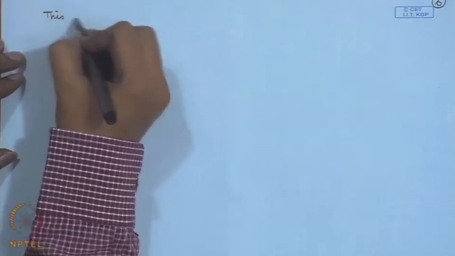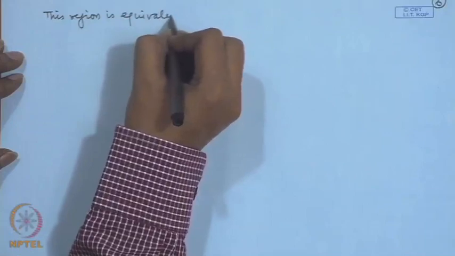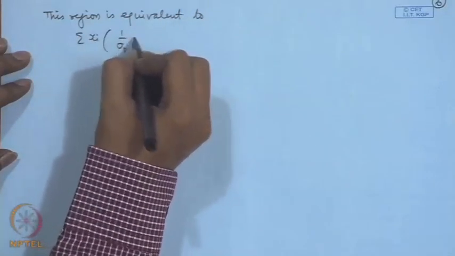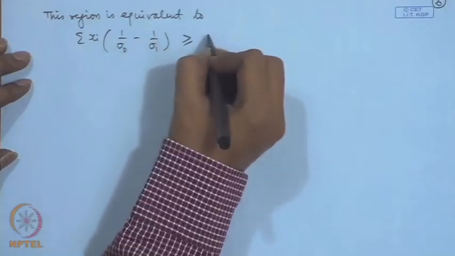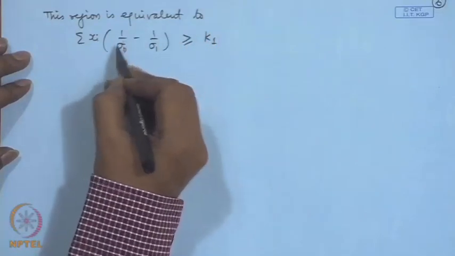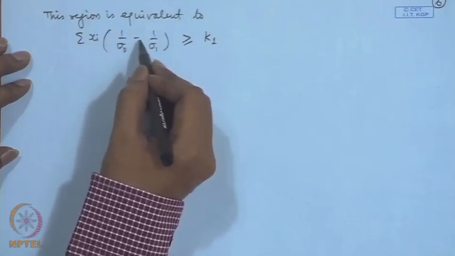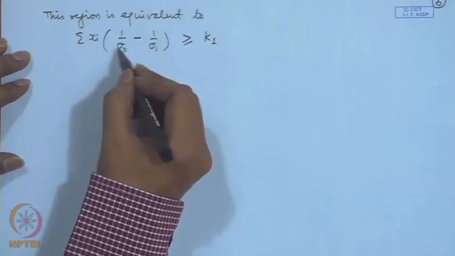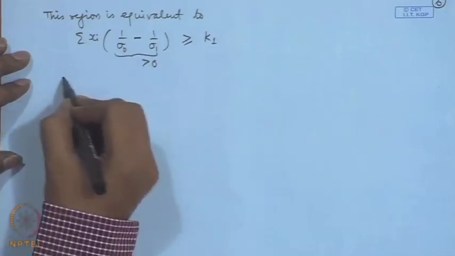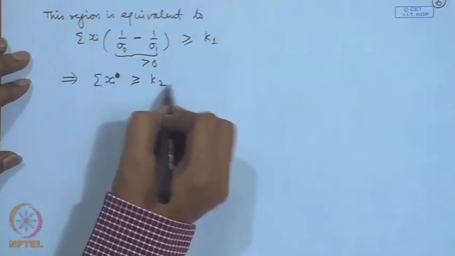So, this region is equivalent to sigma x i into 1 by sigma naught minus 1 by sigma 1 greater than or equal to some constant k 1. Now, as before in the normal distribution case, the sign of this constant 1 by sigma naught minus 1 by sigma 1 will be positive, because I am taking sigma naught to be less than sigma 1. So, this region is equivalent to sigma x i greater than or equal to some k 2.